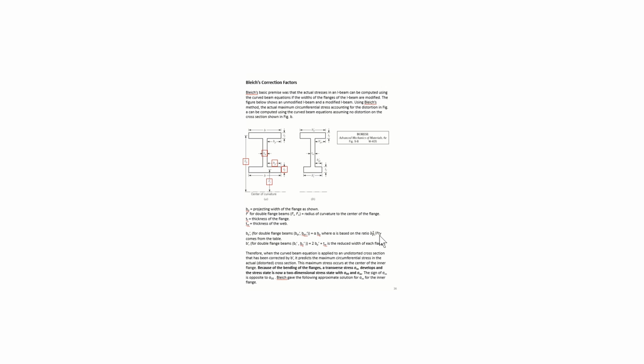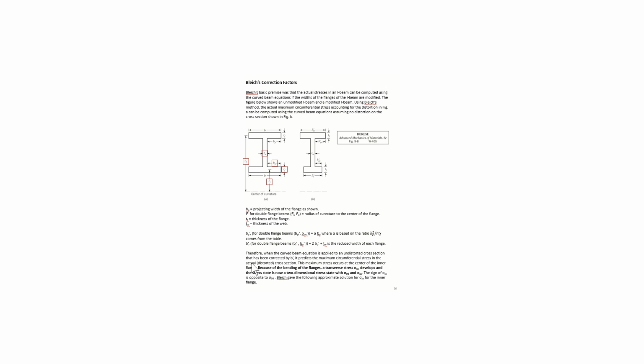And we'll compute that so you see an example of how to do it. But it's important that we get these values right because alpha is an important quantity for us. And then B prime is equal to 2BP prime plus TW. And it's the reduced width of the new flange. That's the value that we're looking for here.